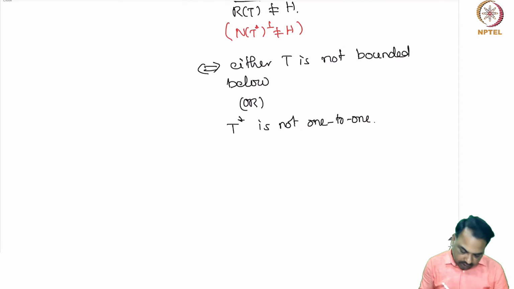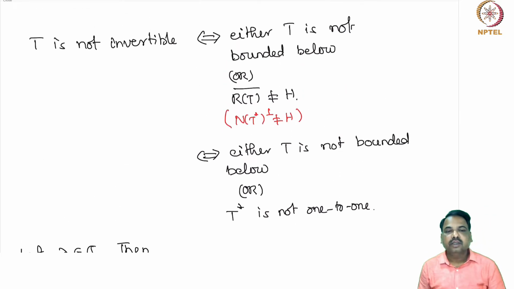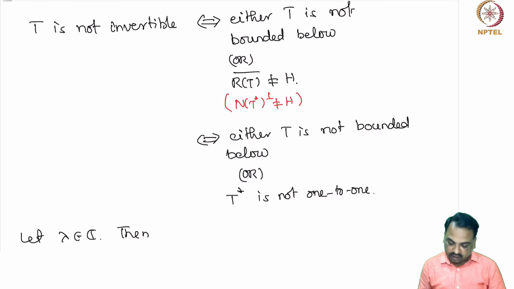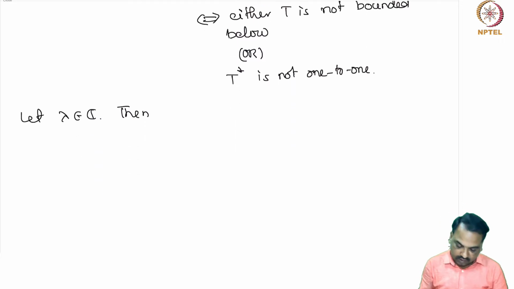Now let us take a lambda in C. Then the same condition we can apply: T minus lambda is not invertible if and only if either T minus lambda is not bounded below or range of T minus lambda is not dense.